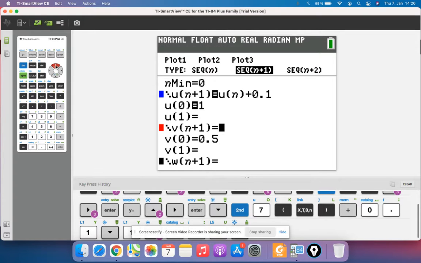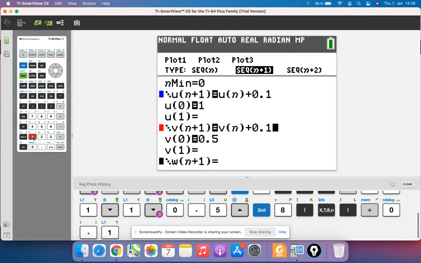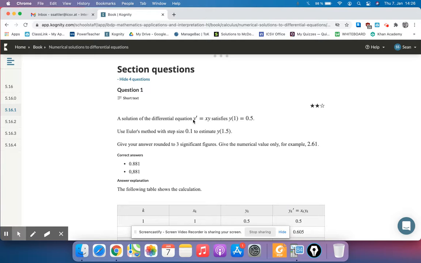And then here's the part where the differential equation has to come in. So we do v, and the v is on the 8. So v of n, and then plus the step size, which is 0.1. And then we have to do times the formula that we're given, which is the differential equation formula. So just the xy part.